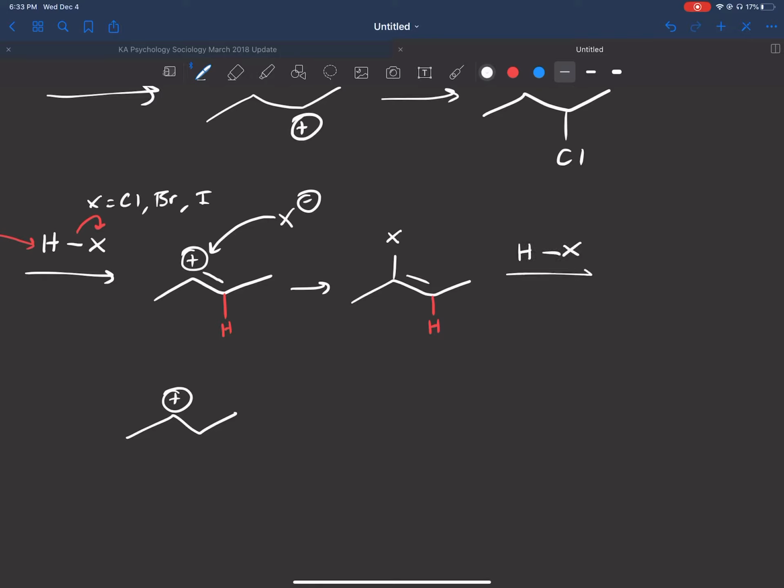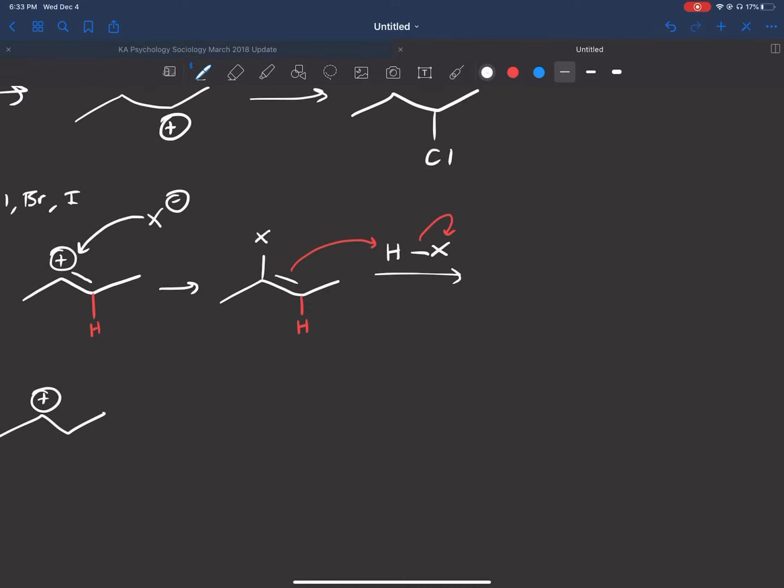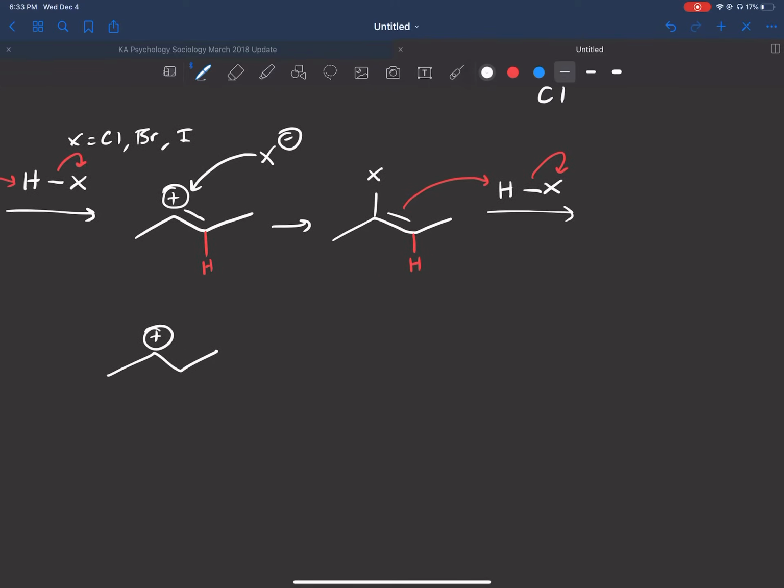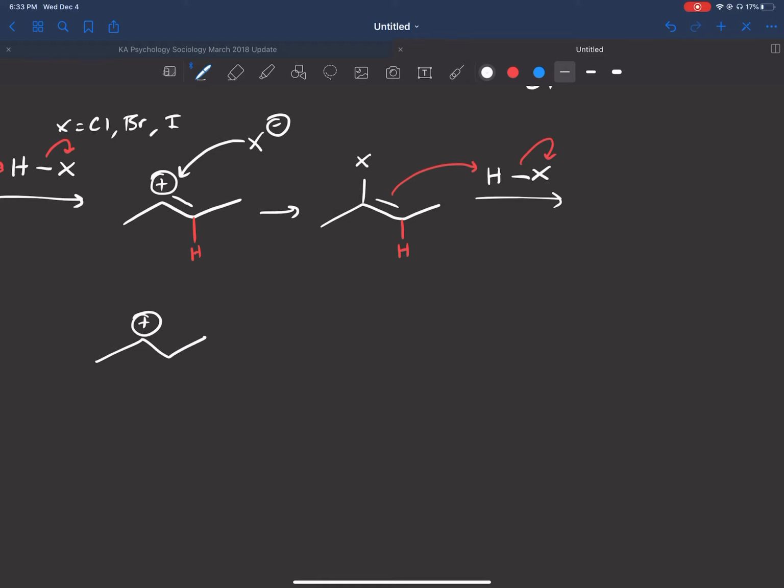All right? And so now the double bond is going to attack another H and kick that halogen out. But now the question is, where is the H going to go? Are we adding the H to this carbon that already had one and form a carbocation on that carbon, or are we forming the carbocation on the other one?